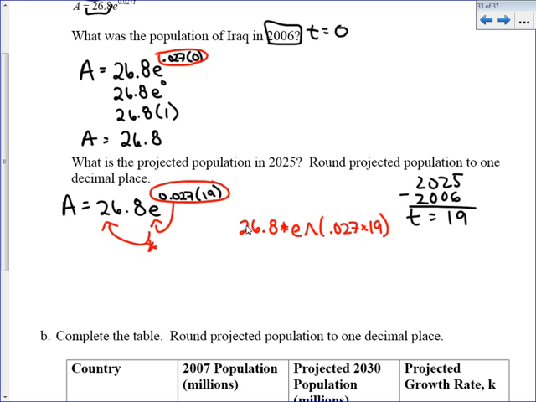So start by multiplying. So is this what you get? Did you get it? Alright.